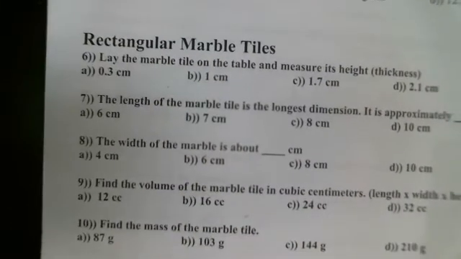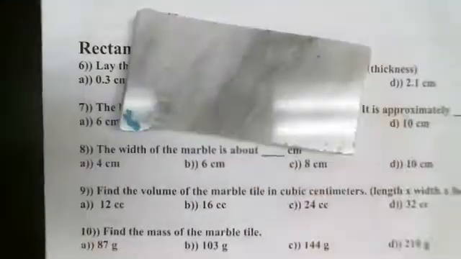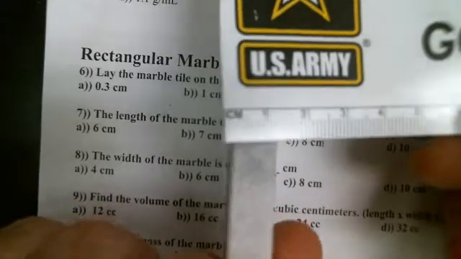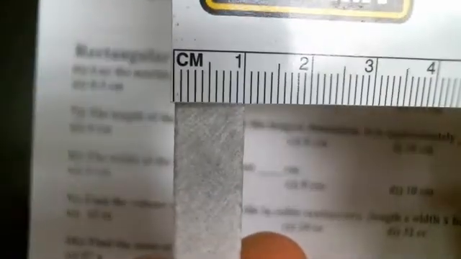Okay, next we have the regular rectangular marble tile, and that's going to be like that right there. So first step is to find the height or the thickness. Very similar to the limestone tile.